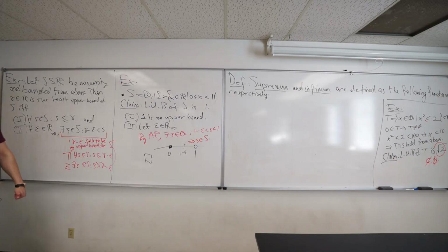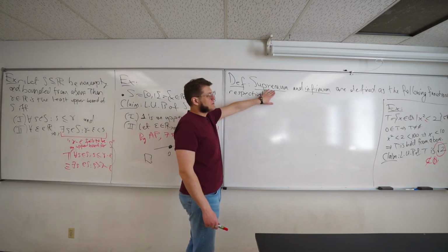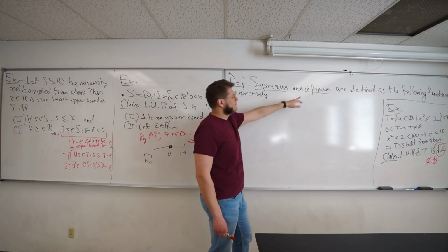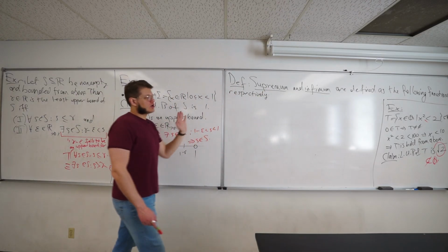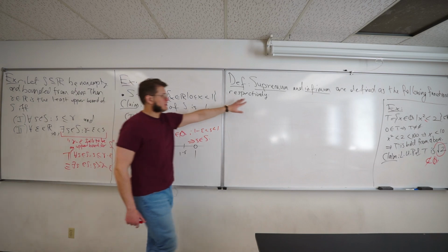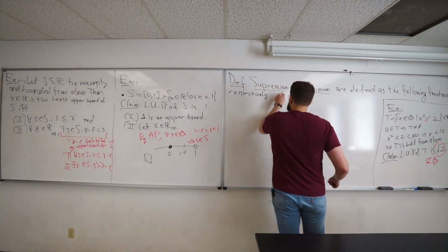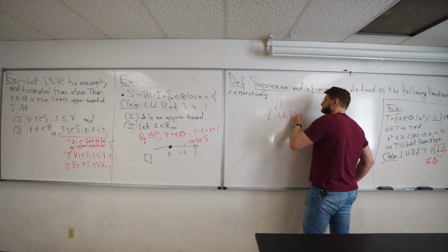I have a couple minutes, but I'm not going to push. Essentially, supremum is least upper bound, and infimum is the analog of it from the lower bound perspective. We're going to define these formally on Monday, but you have essentially the idea of the supremum. So this is the same thing as least upper bound.